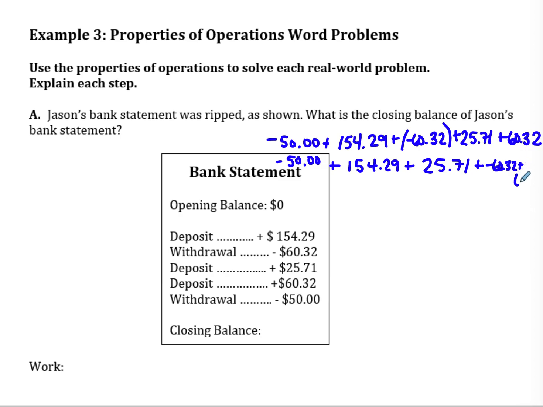I'm really going to have to squeeze it in here. Okay, so these two, commutative property and associative property, I'm going to group them together. Those equal 0.